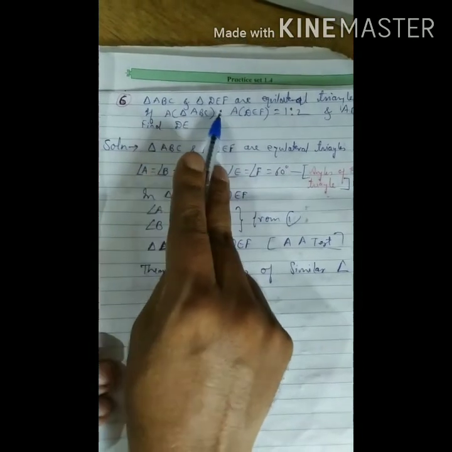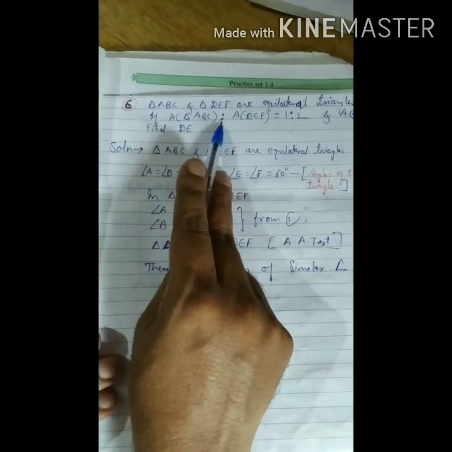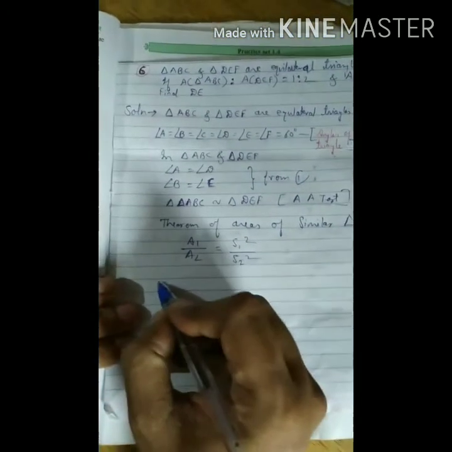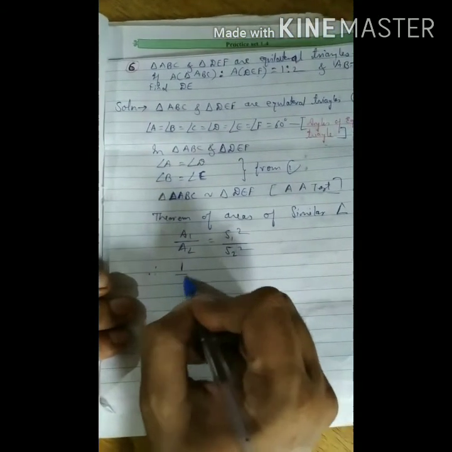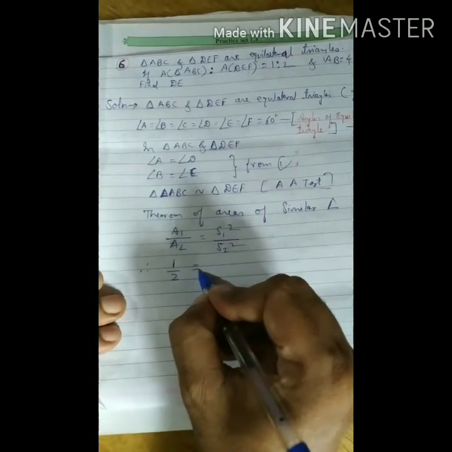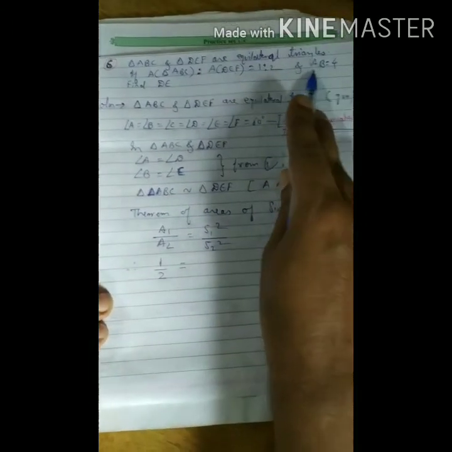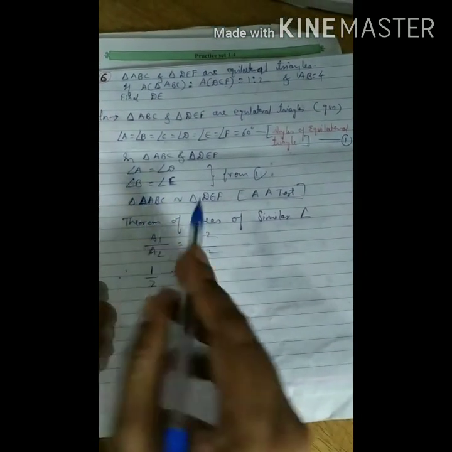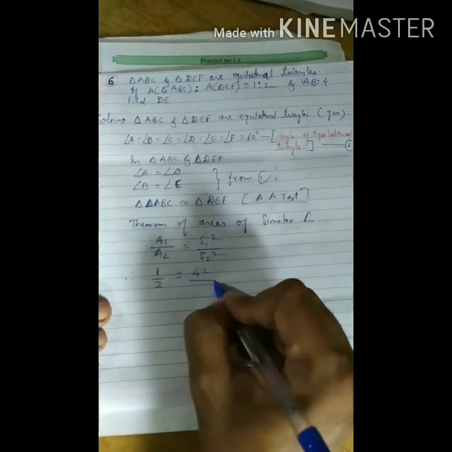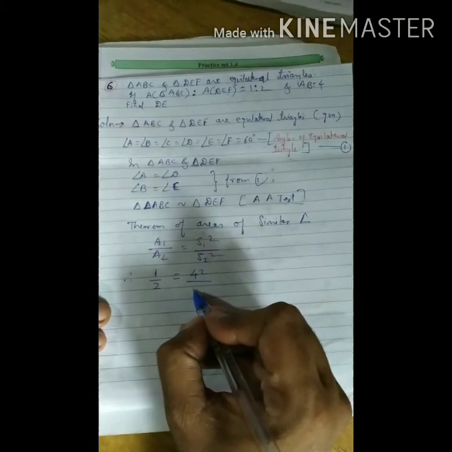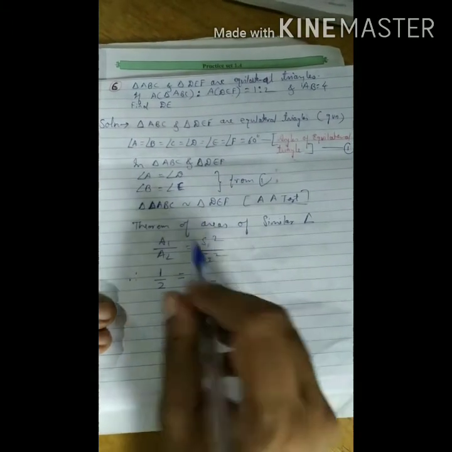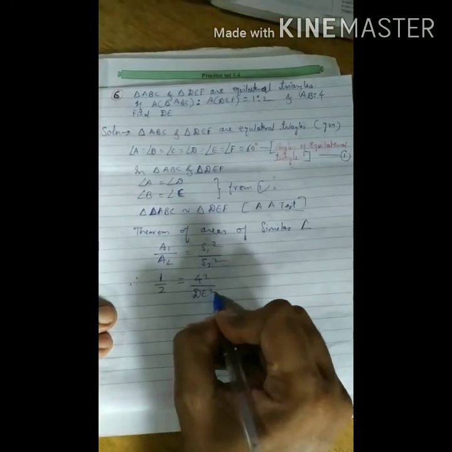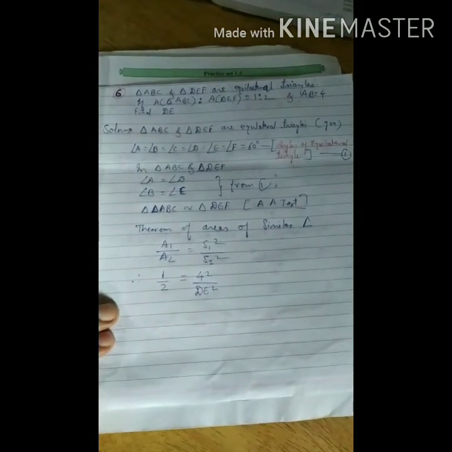Area of triangle ABC is to area of triangle DEF is 1:2. So I will substitute the value. 1 upon 2 is equal to AB, that is side 1 is given 4, 4 square upon side 2, that is DE square, we have to find out, right?